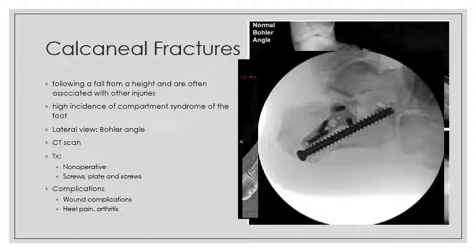Complications usually are wound complications, because if you can see for yourself, the heel of your foot doesn't have a lot of soft tissue covering that area, and there's a very high incidence of wound dehiscence. There's also a high incidence of heel pain or arthritis even after surgery.